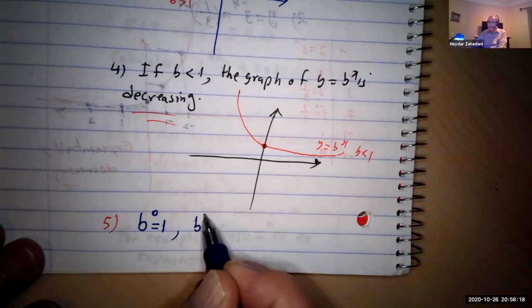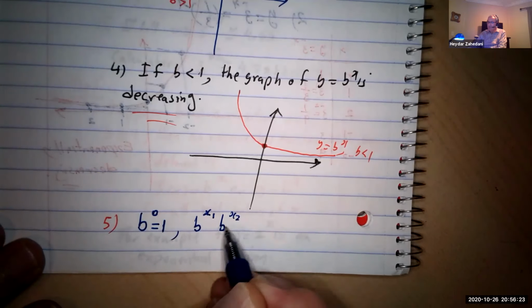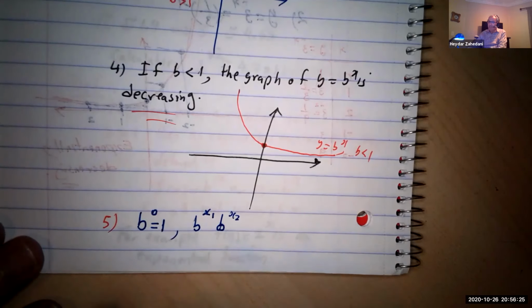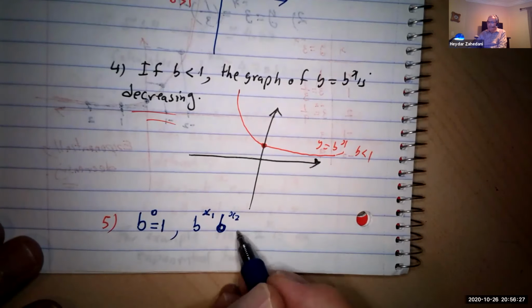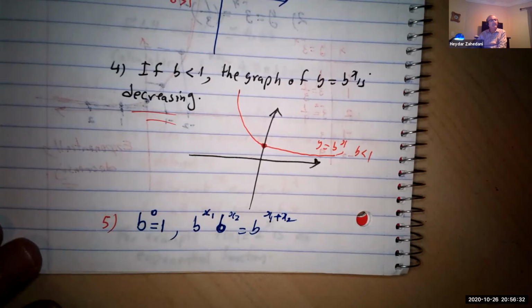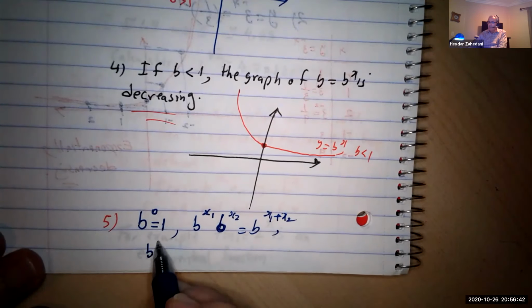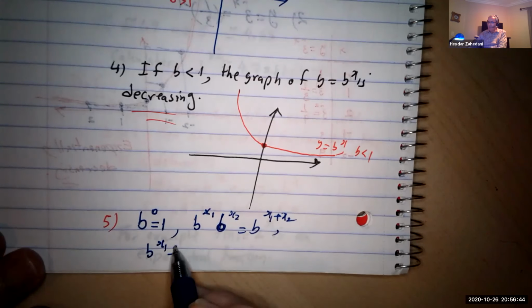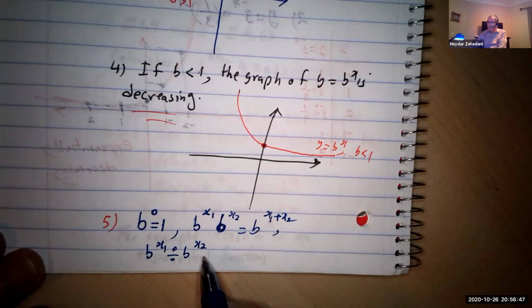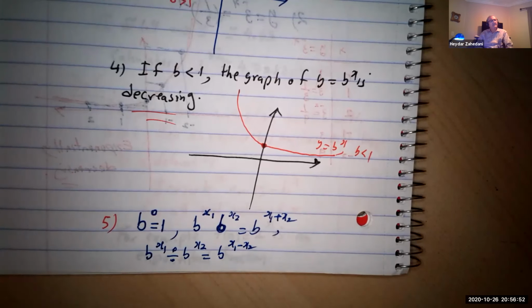If you have b to the x1 times b to the x2, you know that in this case, it's going to be b to the x1 plus x2. If you multiply with the common base, you add the exponents. But if you divide b to the x1 divided by b to the x2, you know that we subtract the exponents.